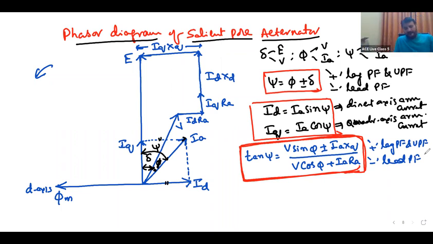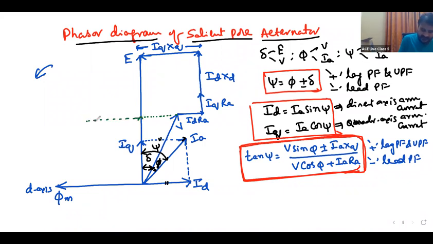Similarly, if you want to find the E value, listen here. I will explain how tan psi comes, the derivation later at the end. But to find E, this is V cos delta, correct?